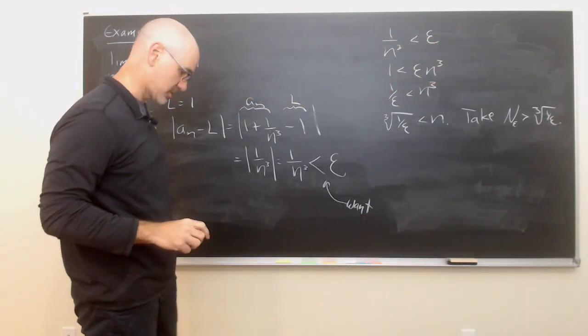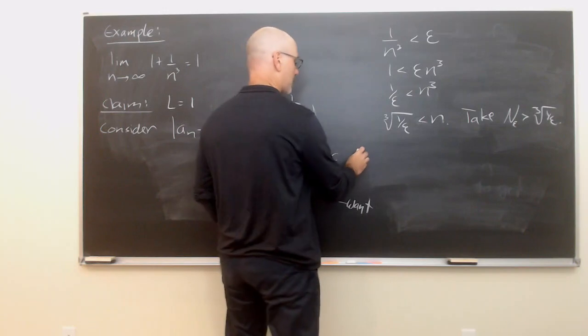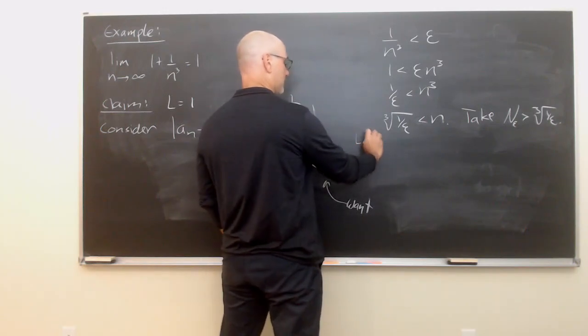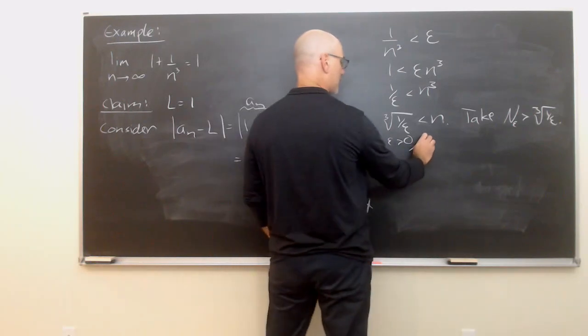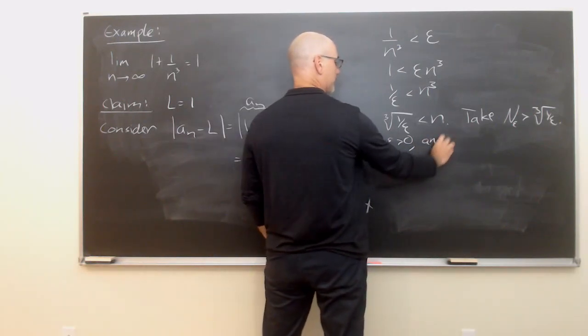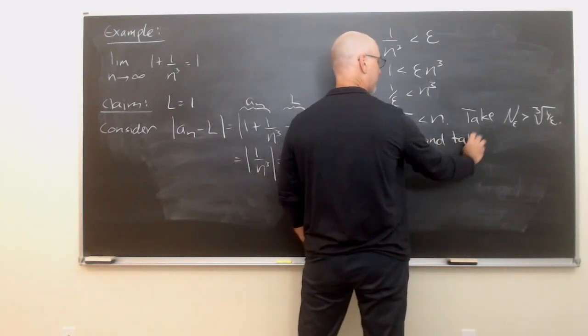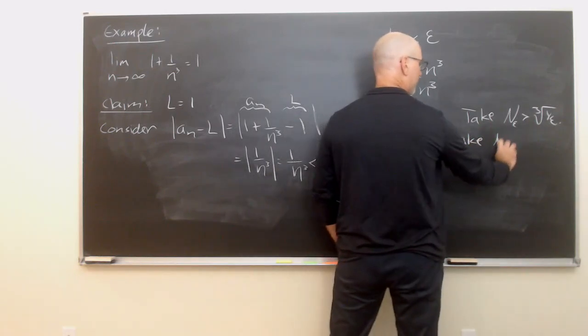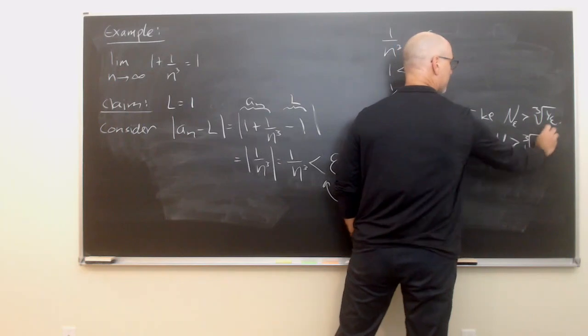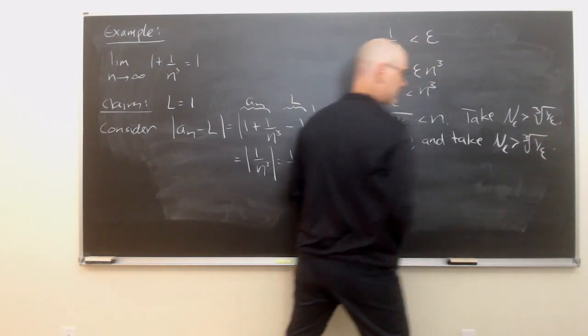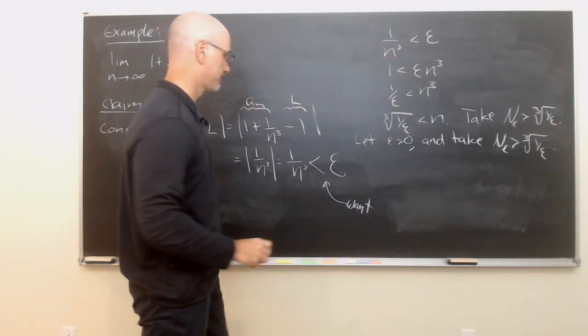Right, so to finish off the proof, we'll say let epsilon be bigger than 0 and take capital N to be anything bigger than the cube root of 1 over epsilon.